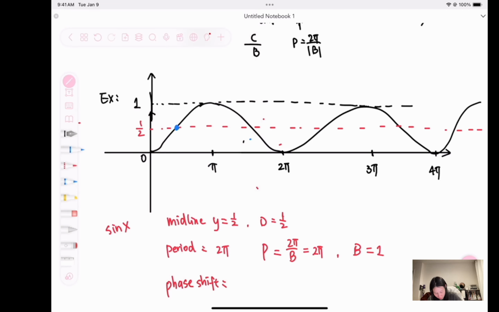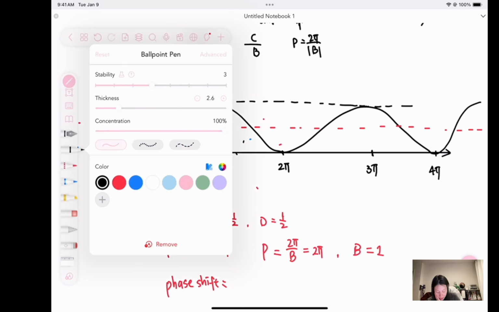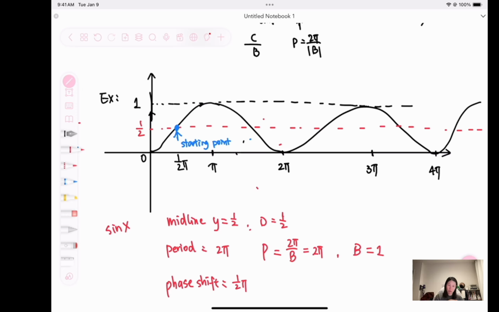The starting point of the graph should be here, which is half pi. Usually the sine function starts at 0, 0, right? But now it starts at half pi. So the phase is shifted half pi to the right.